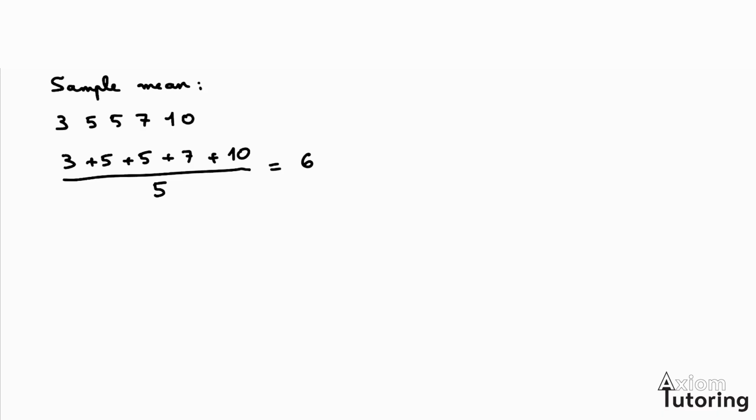So what types of variable can we calculate the sample mean with? Let's say that we have a categorical variable, for example religion.